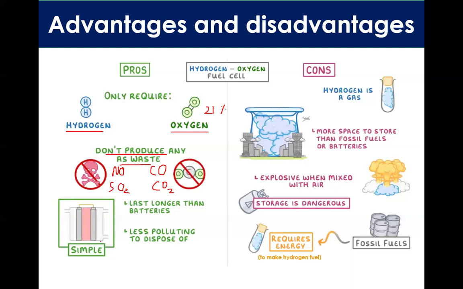The working of a hydrogen oxygen fuel cell is simple. They last longer than batteries. They're obviously less polluting to dispose of because all they contain is hydrogen and oxygen, and then water is being formed. So these are pretty harmless substances.